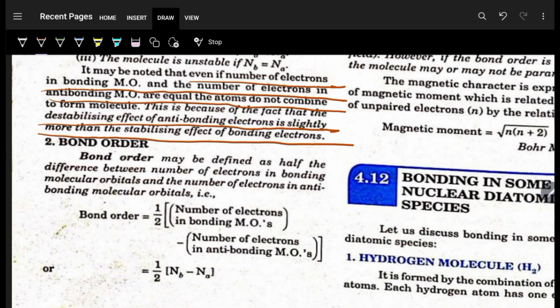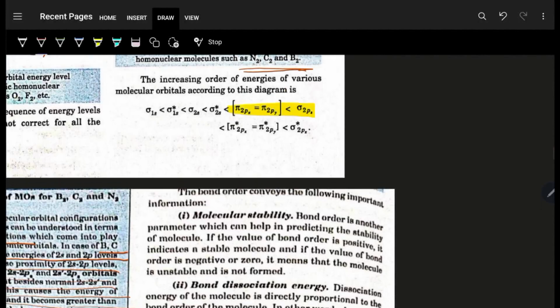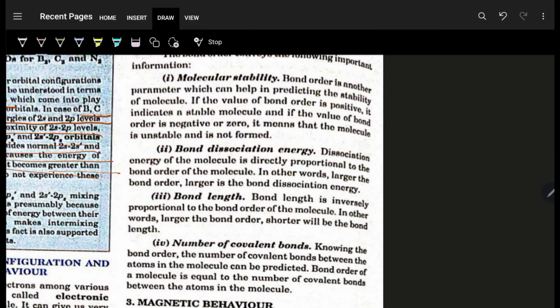Bond order is what? Number of bonding electrons minus number of antibonding electrons, divided by 2. How does it affect the stability? Let us see. I have already said that bond order is a parameter that shows molecular stability. If it is positive, it indicates a stable molecule. If it is negative or 0, it indicates an unstable molecule that does not exist.